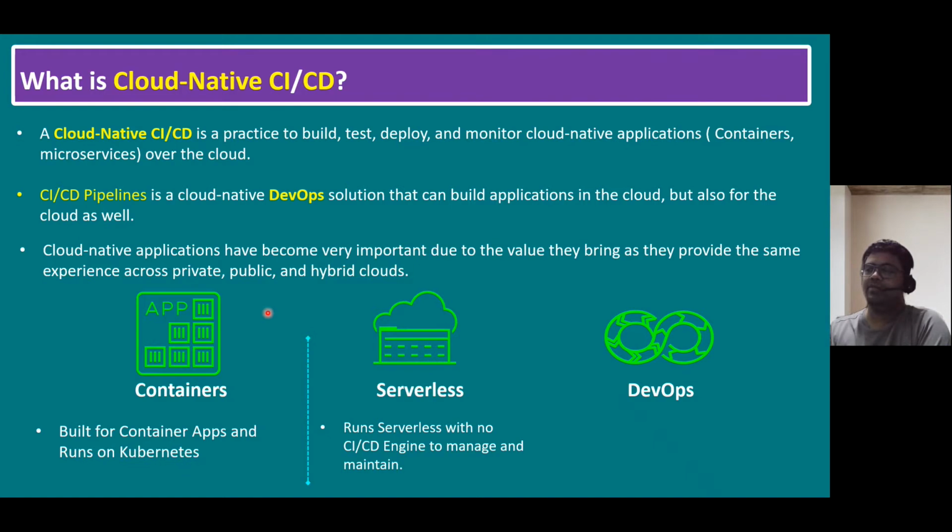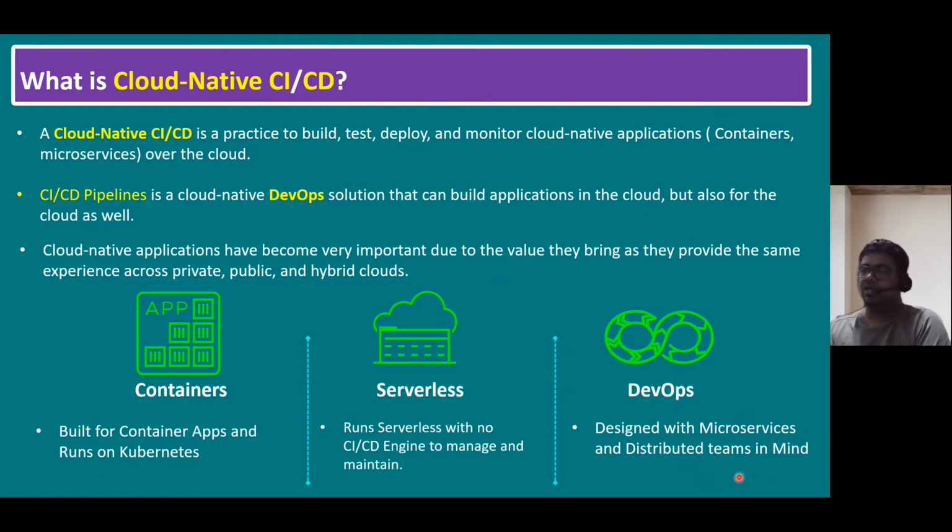In a public cloud environment, there is Azure Kubernetes Service, Google Kubernetes Engine, and EKS, Elastic Kubernetes Service, which runs in the AWS public cloud. Serverless means it mainly runs with no CI/CD engine to manage and maintain. And DevOps, we already know, is a deployment practice with the development and operations teams together, designed with microservices and distributed teams in mind.